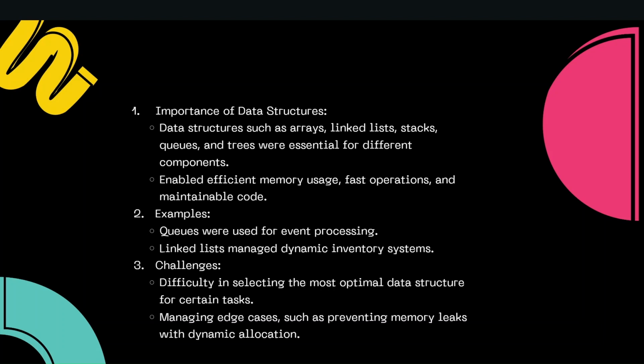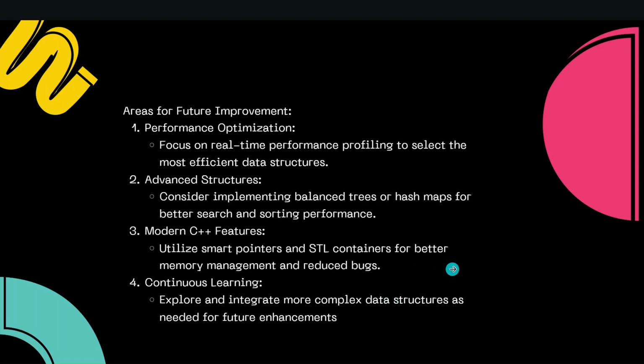However, challenges emerged, particularly in choosing the most efficient data structure for specific tasks and managing edge cases such as memory leaks with dynamic memory allocation. For further improvement, focusing on optimizing data structure choices based on real-time performance profiling would be beneficial.